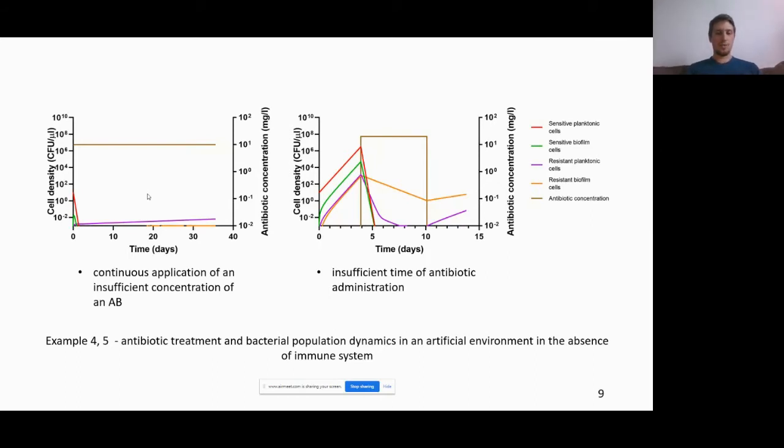The results on figure 4, the left figure, portray a scenario where the antibiotic treatment is applied continuously since the beginning of the experiment, and thus significant selective pressure is exerted on populations of sensitive bacteria. This in turn influences the total composition of the community, with resistant bacteria quickly becoming the only surviving inhabitants of such a system.